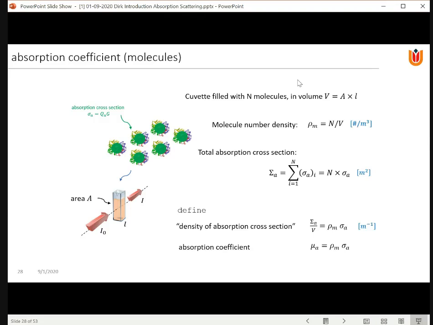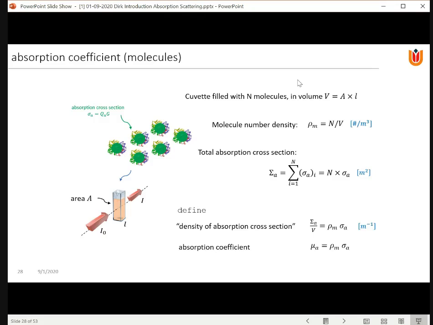And now we can define the final property, and we've seen that already before the break. We can define the absorption coefficient, or a little bit more formally, the density of total absorption cross-section. We find that by taking the total absorption cross-section and dividing that by the volume that we're evaluating.